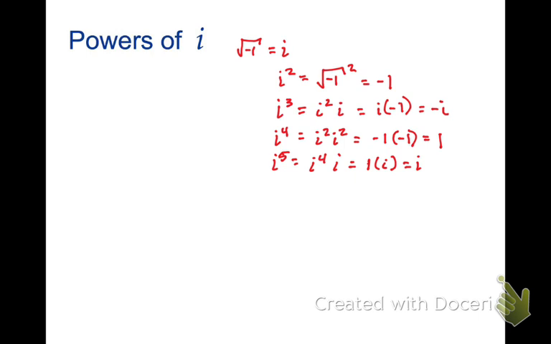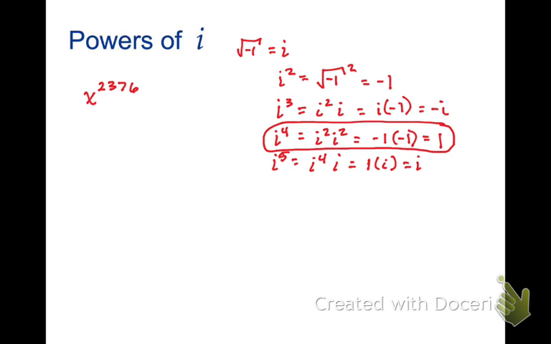So the secret to it is that i to the 4th would be ideal, correct? That would be the best to have. So say I have i to the 2,376th and I want the answer.